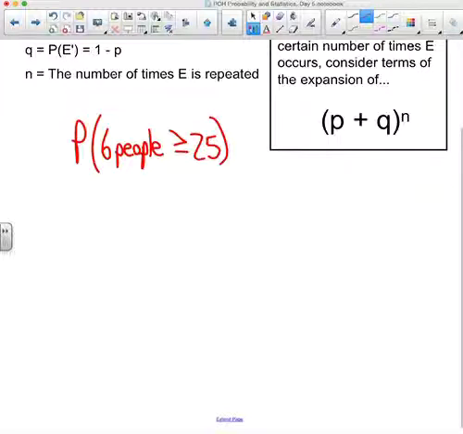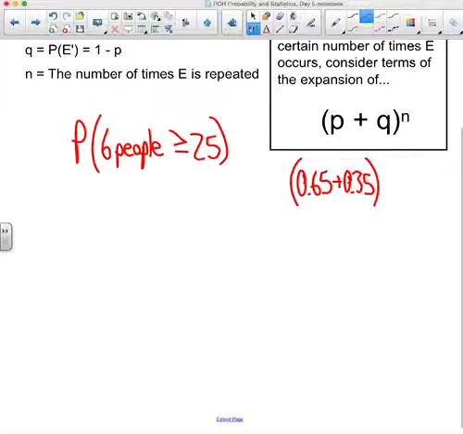First of all, the binomial that we're going to expand: our event E has a probability of 0.65. The complement is 0.35. And then we were repeating it how many times? 10.